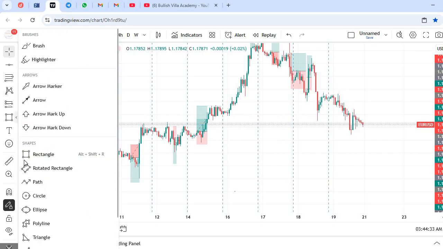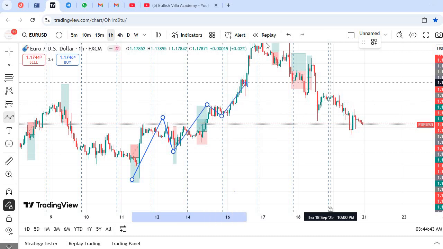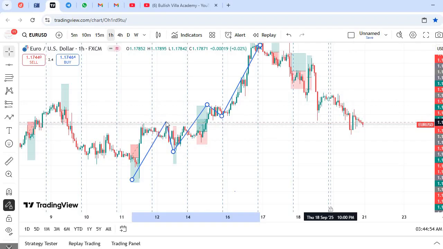From here, you can see higher highs, lows, and you see high, low, and high. So this was what we had as at when the market closed. I anticipated that this trend was going to continue.